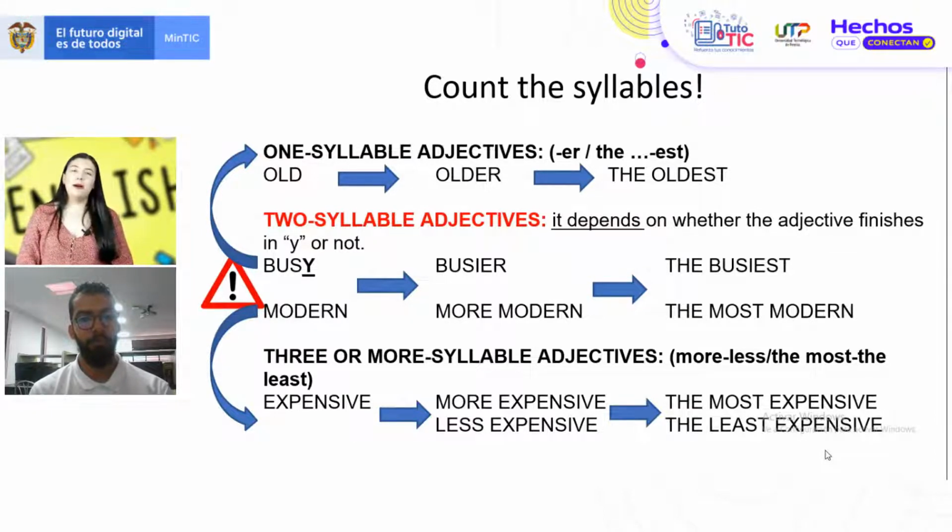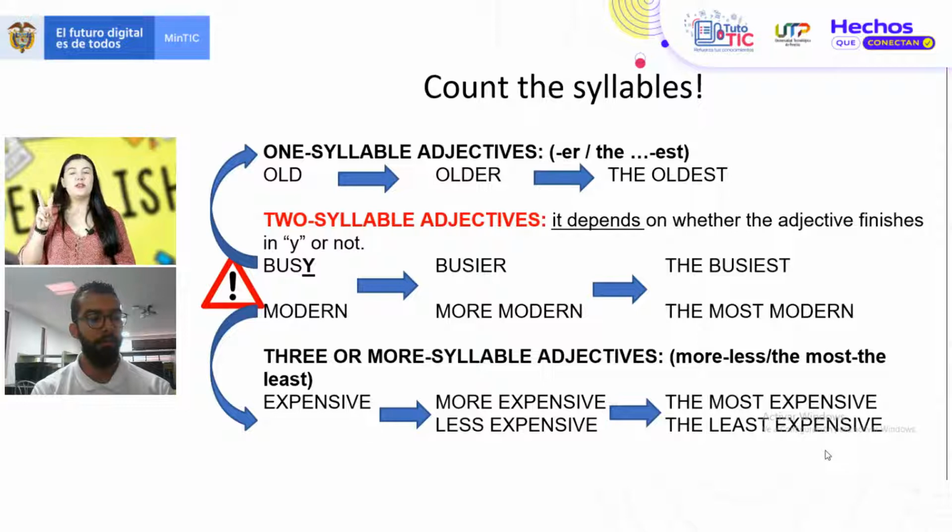Bien, vamos con nuestra segunda regla. Nuestra segunda regla dice que aplica para adjetivos de dos sílabas, es decir, dos golpes de voz cuando decimos ese adjetivo. Por ejemplo, el adjetivo busy. Okay, busy. So listen to it.